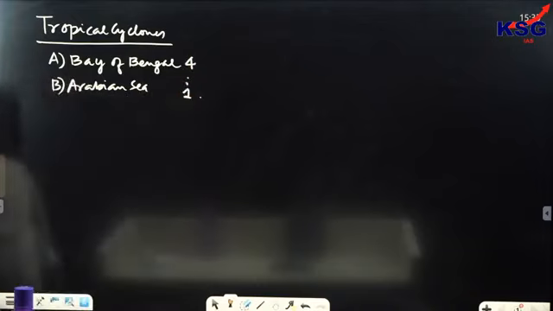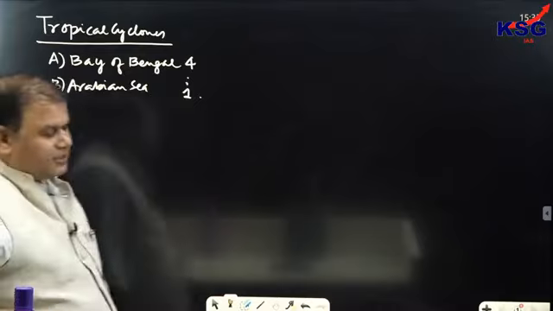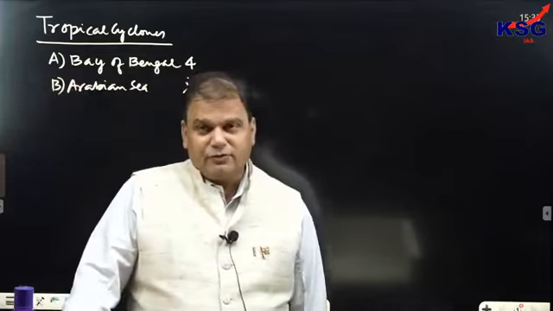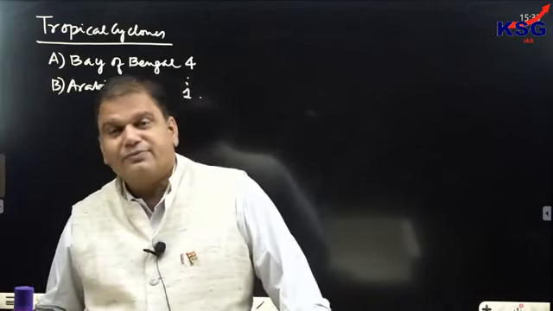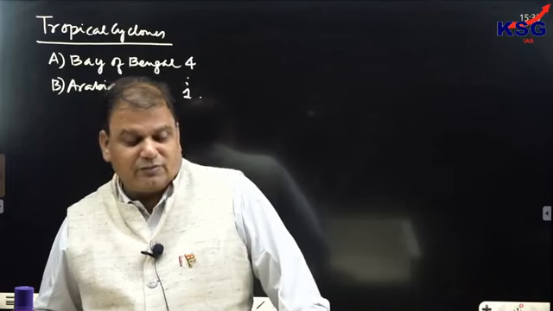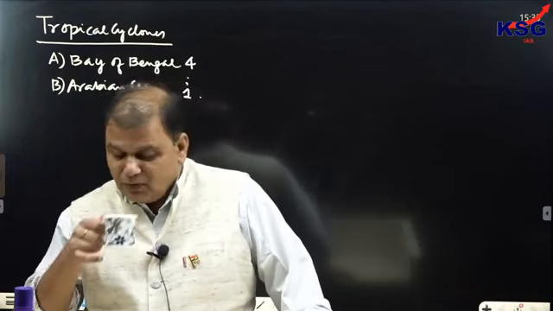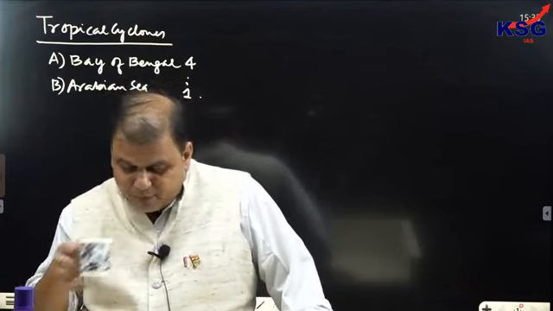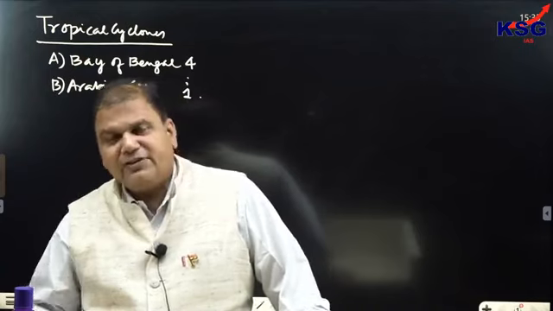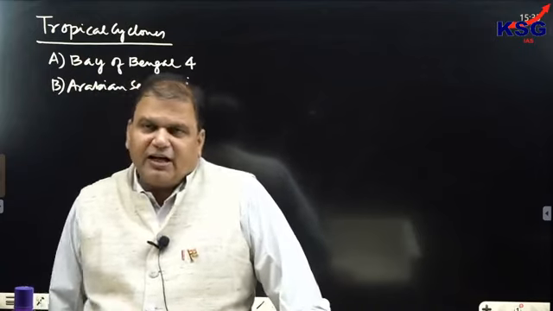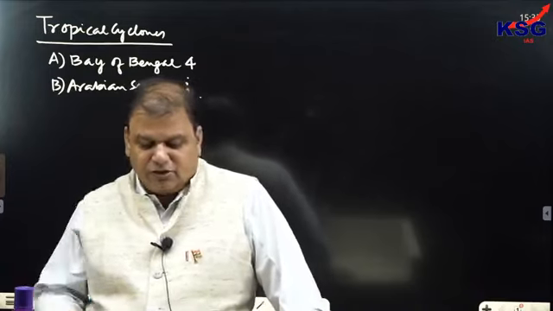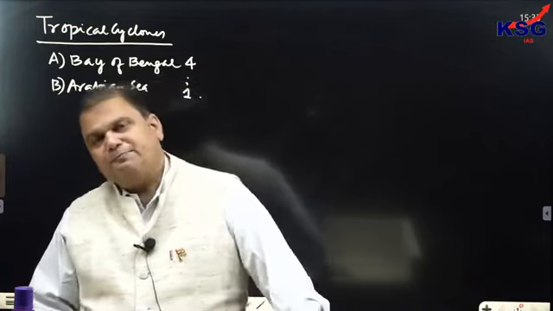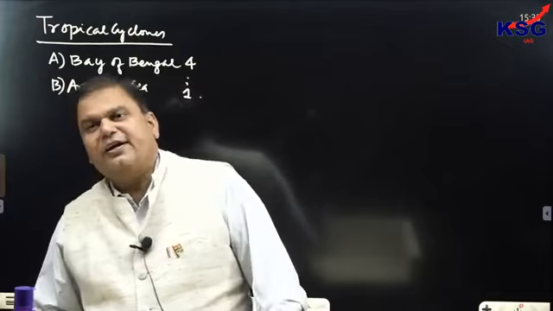The ratio of their frequency is 4:1 because drainage of fresh water takes place in the Bay of Bengal more, as the east flowing rivers are there. And that's why the vulnerability is very high for the Bay of Bengal.